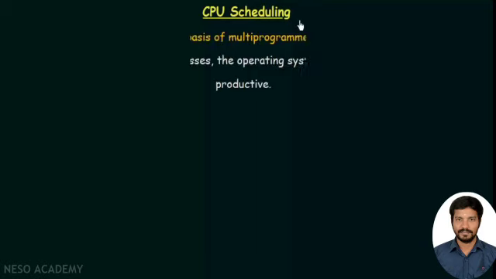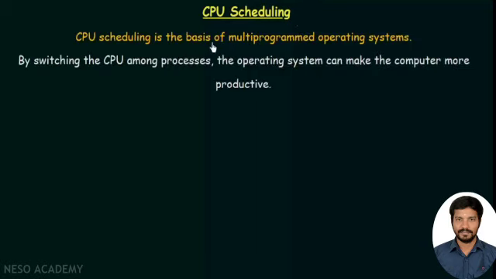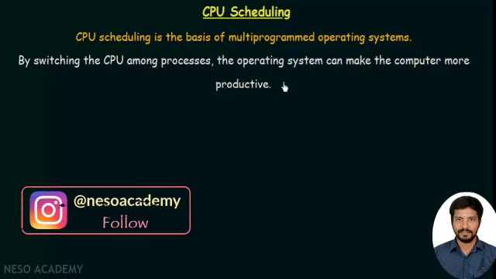CPU scheduling is the basis of multi-programmed operating systems, and by switching the CPU among processors, the operating system can make the computer more productive. Multi-programmed operating systems work on the basis of CPU scheduling. And why is that? Because by switching the CPU among processors, the operating system can make the computer more productive.